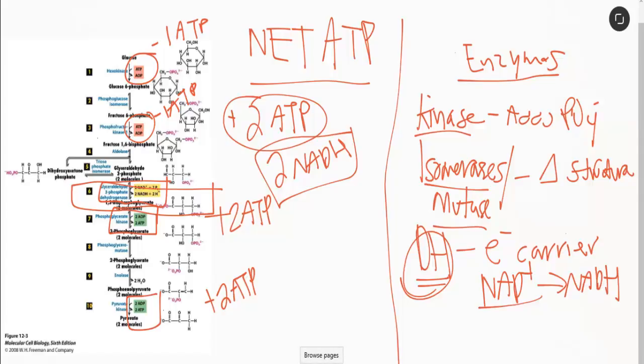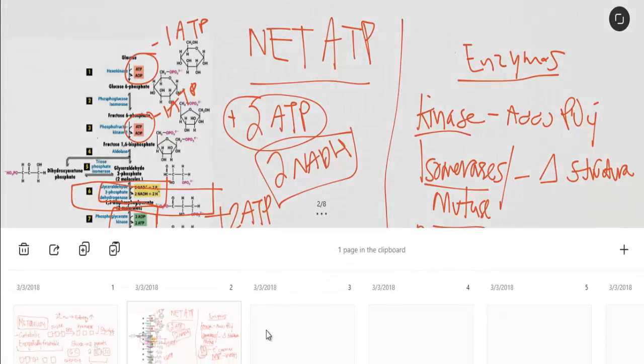I'll let you in on a little acronym that I really enjoy that helps me remember the enzymes.